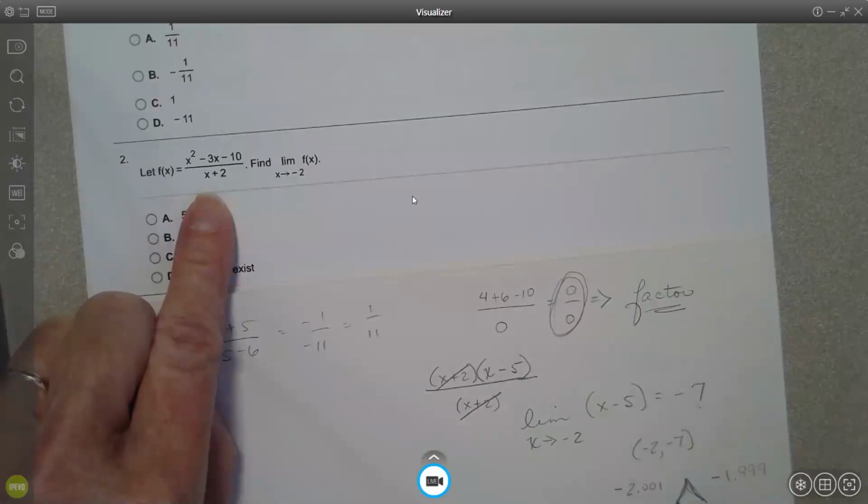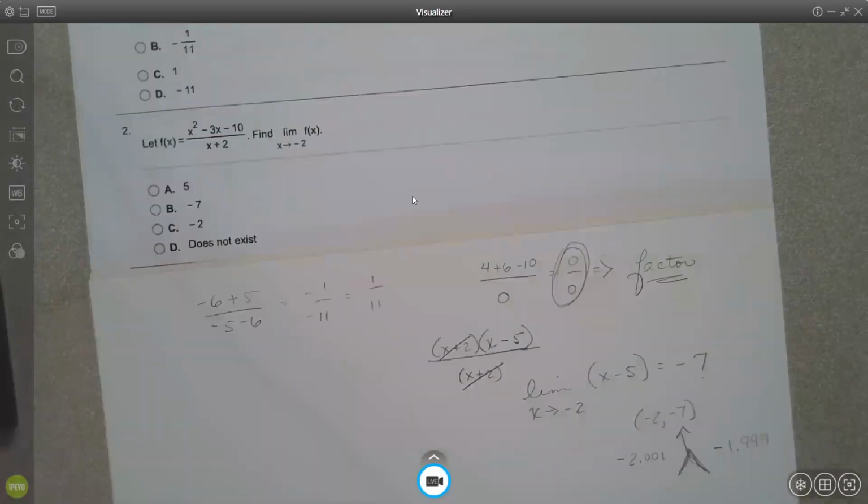So I could graph it, but the quicker way is just to factor it and then substitute in. So I could have both of those problems similar to that on there, or the harder of the two is number 2. You got to remember to factor.